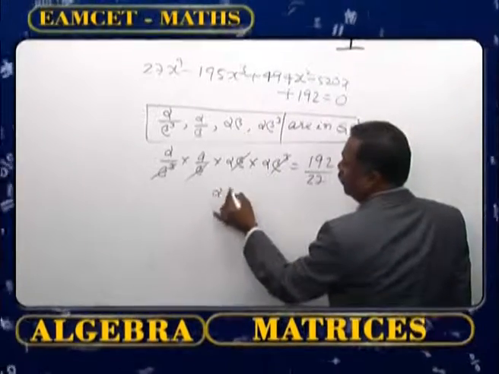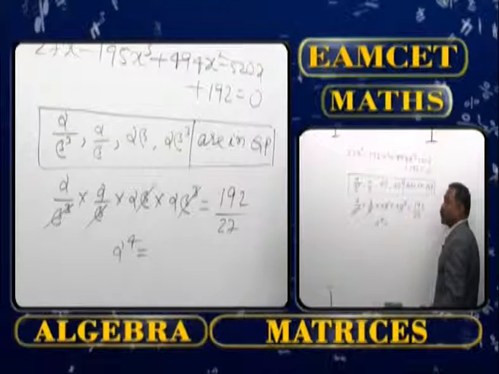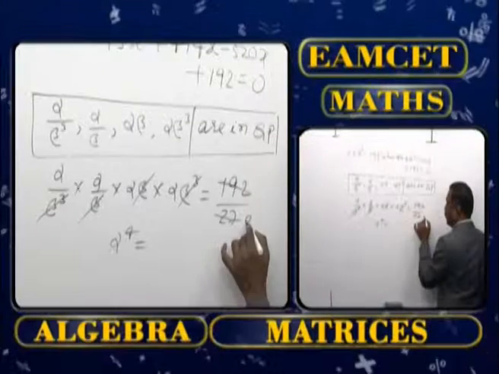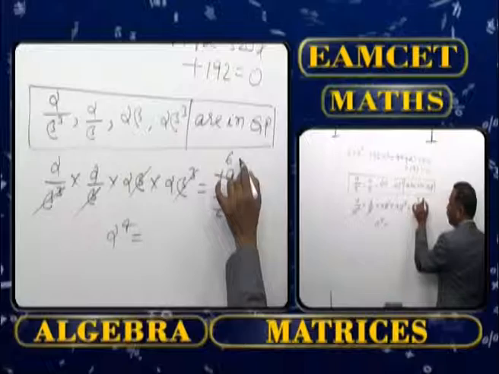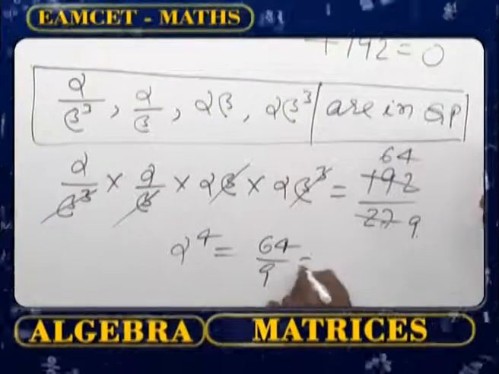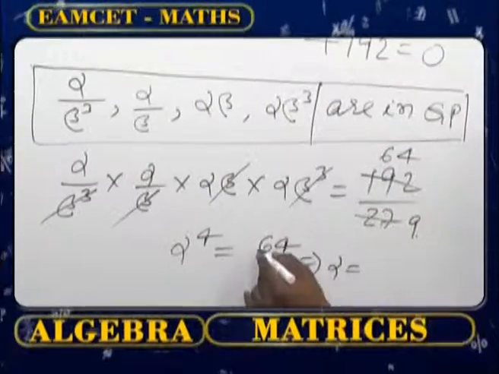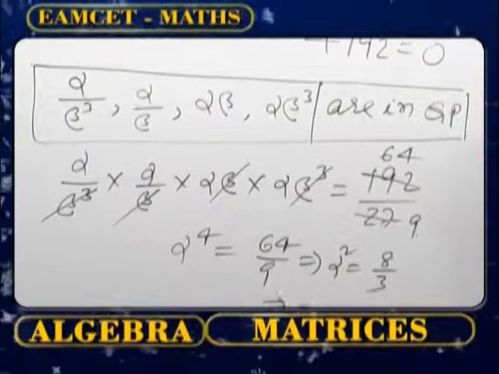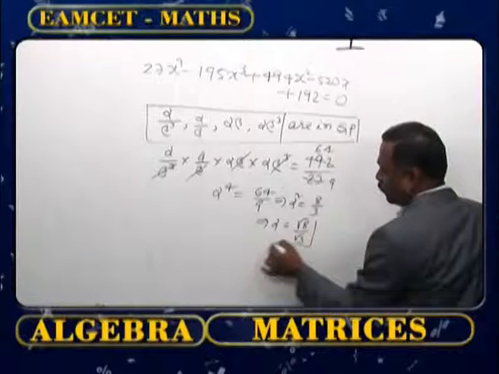So alpha power 4 is equal to 192 upon 27, which is nothing but 64 upon 9. So alpha square is 8 upon 3, and alpha is root 8 upon root 3.